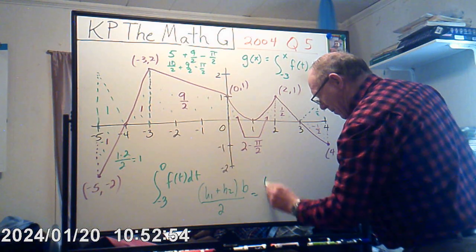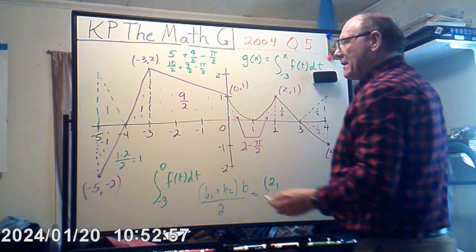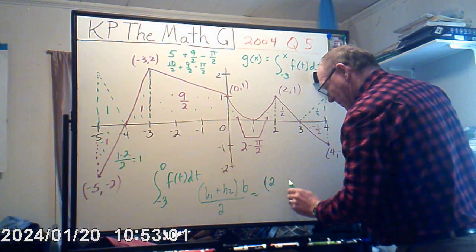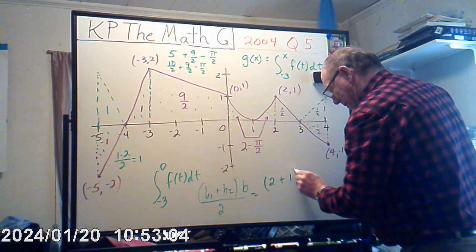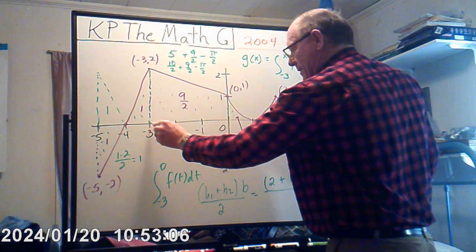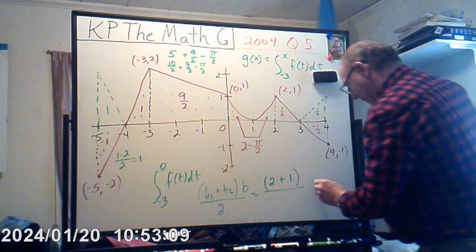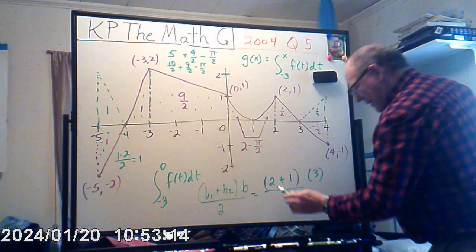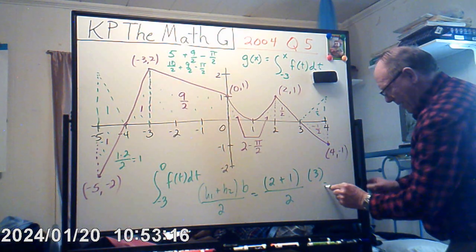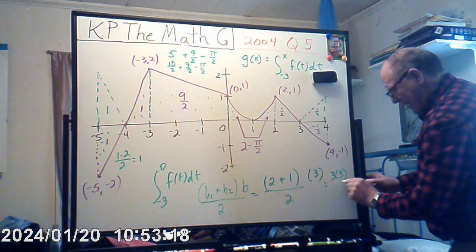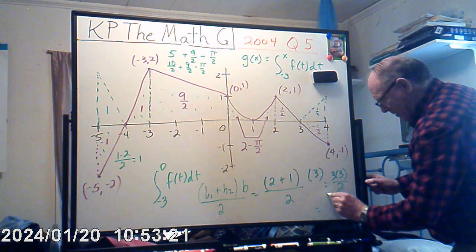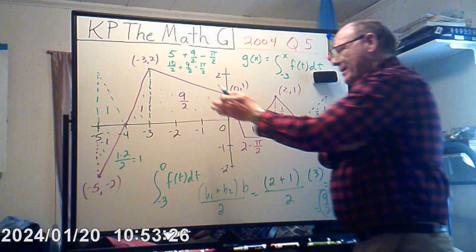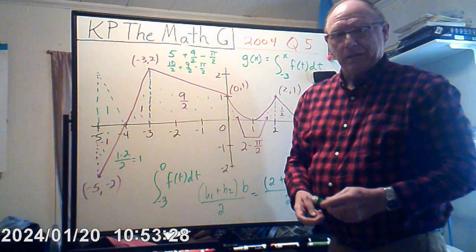This height here is 1, so 2 plus 1. The base is from -3 to 0, that's 3, and then that's divided by 2. So 2 plus 1 is 3, 3 times 3 over 2, and that's equal to 9 over 2. So this area is 9 over 2.